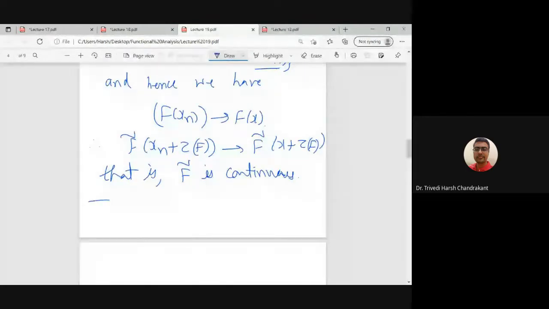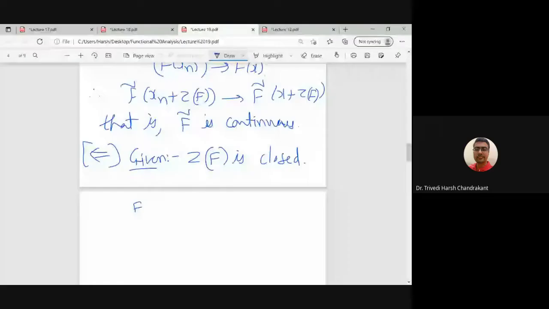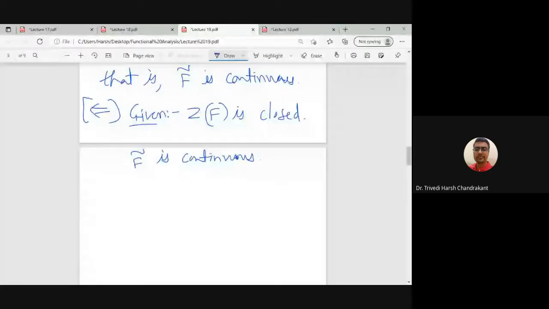So conversely, what is given? Given that the kernel of f is closed and f tilde is continuous. This is given, and what we need to prove in the converse is that f is continuous.